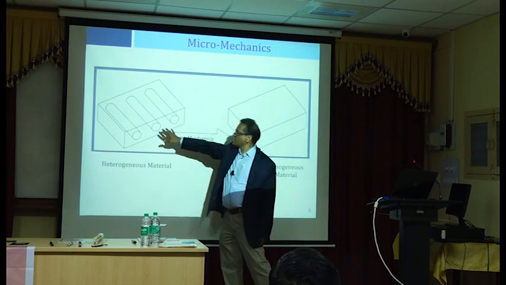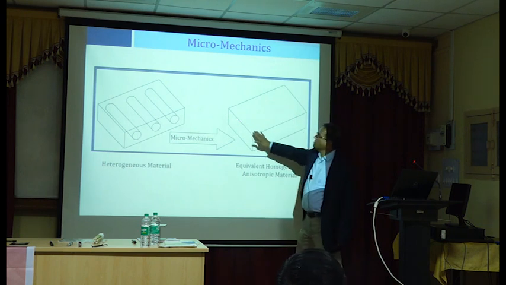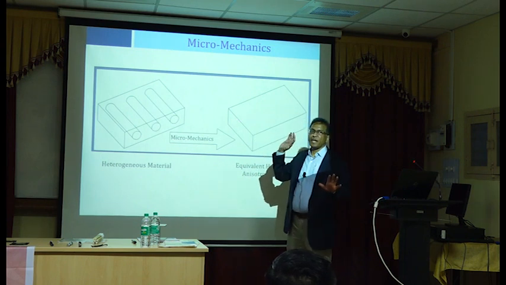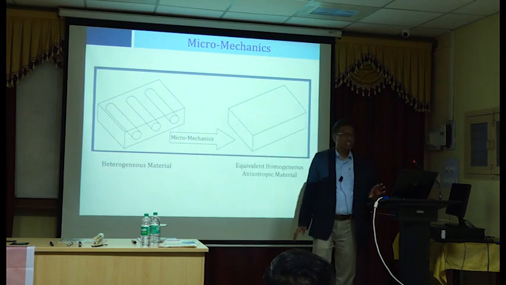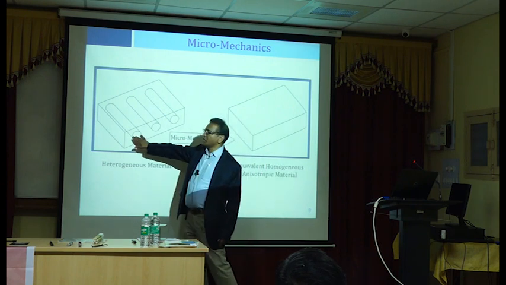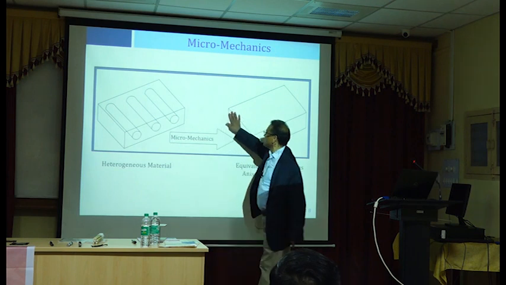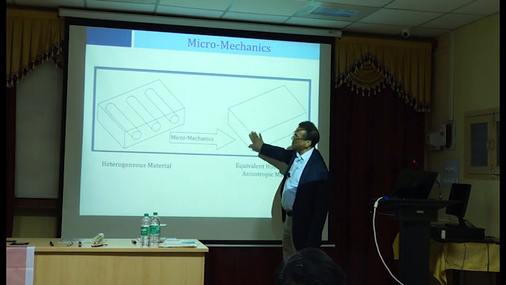As input, we get this as our basis, and then we will come up with material properties that will not distinguish between fiber and matrix. Okay, that's what is micromechanics. So we are now eliminating the consideration of fiber and matrix separately, and we will come up with mechanical properties that represent the composite as a whole.